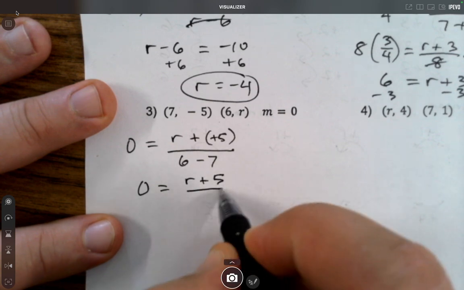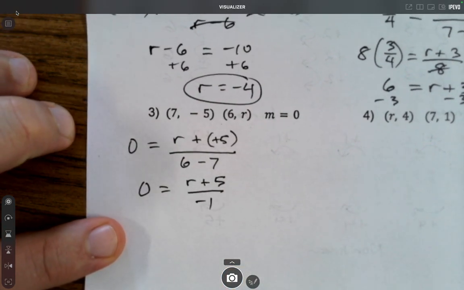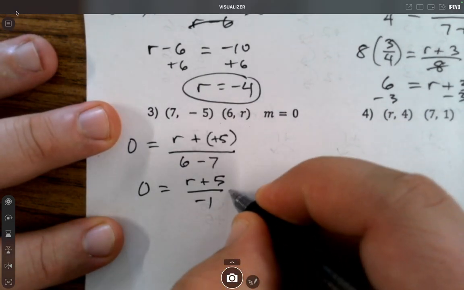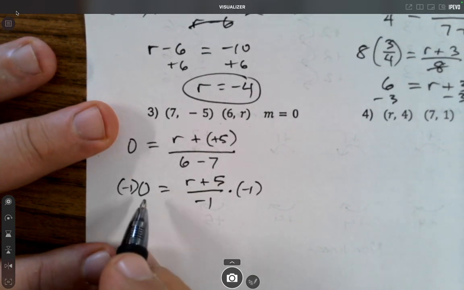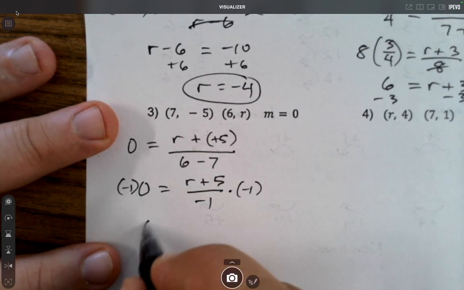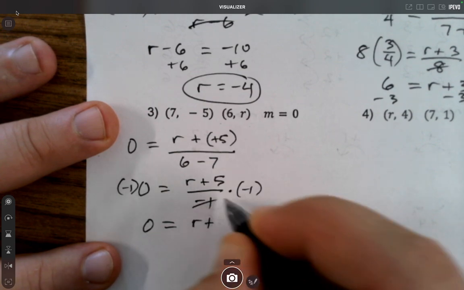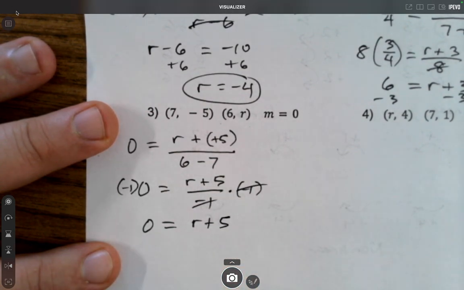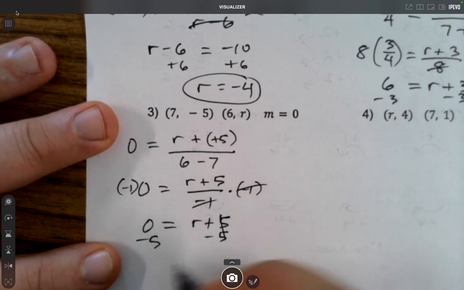And 6 minus 7 is negative 1. So our goal is to get r by itself. So we need to get rid of this denominator. So we'll multiply both sides by negative 1. 0 times any number equals 0. If you have 0 negative ones, you have 0. Then we subtract 5 from both sides, and we get negative 5 equals r.